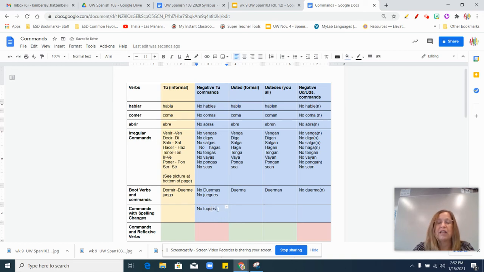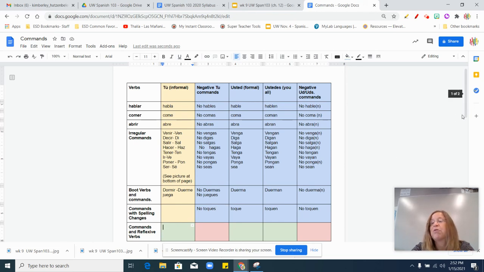And then this would be toque, toquen, no toquen, and so on. That's some of those things. You have to think, like, if it's a J, you're going to add a GU. If it's a C, you're going to change it to a QU.